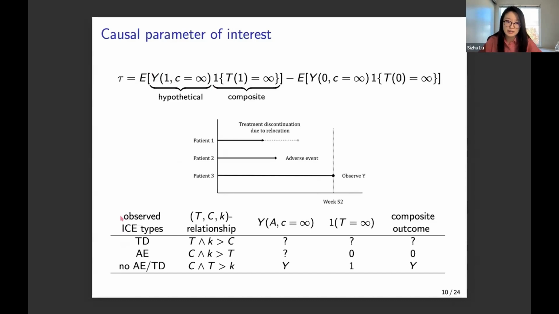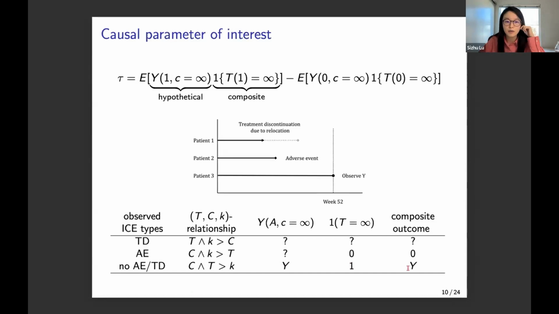So in this example, for the third patient, we don't observe any type of intercurrent events, and therefore this is the easy case. We're going to observe the outcome Y. The observed outcome Y corresponds to the potential outcome that we are targeting, and we also know this indicator is equal to 0 because no AE happened in between, and therefore the composite outcome is observed.